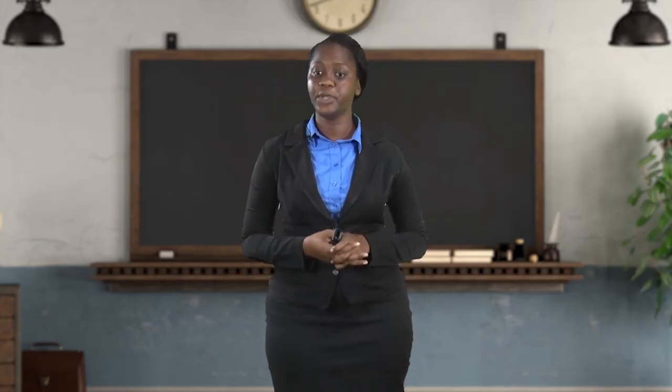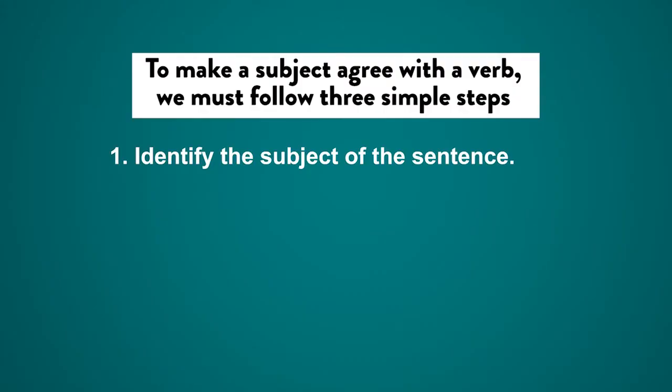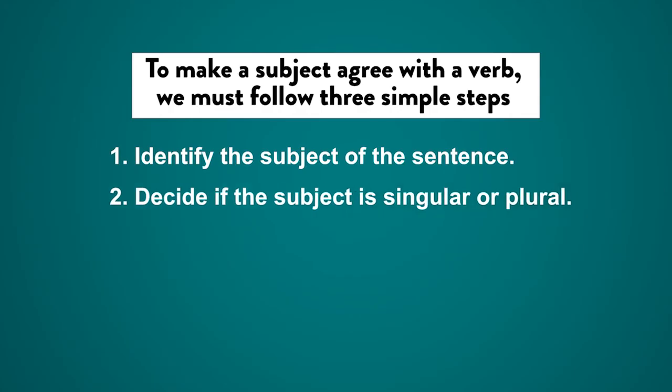Therefore, boys and girls, to make a subject agree with a verb, we must follow 3 simple steps. First, we must identify the subject of the sentence. We can do this by asking ourselves who or what. Secondly, we must decide if that subject that we have identified is singular or plural.